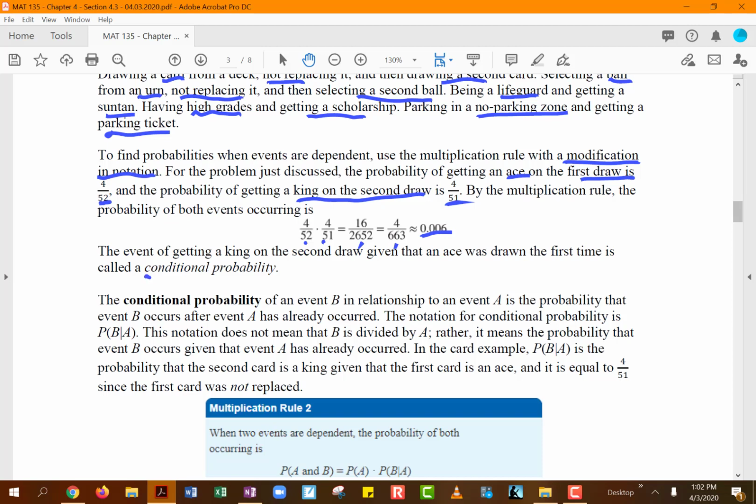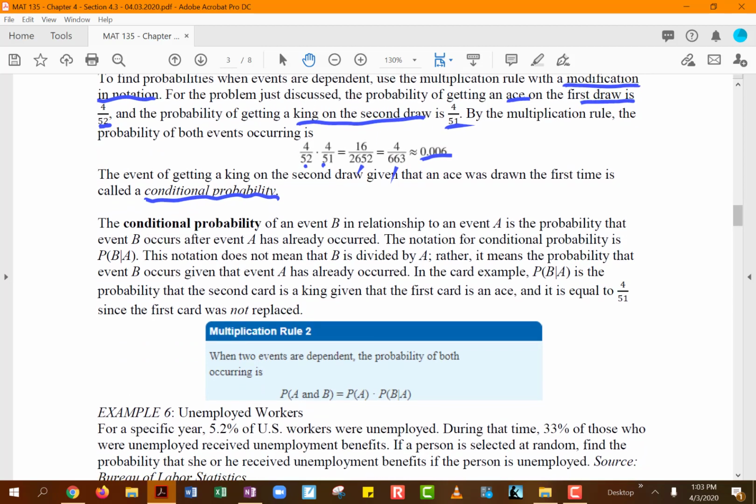The event of getting a king on the second draw when the first ace was drawn is what we call conditional probability. Conditional probability is saying we drew the king on our second draw given that on the first draw we drew an ace, right? On the first card we pulled out, we got an ace. Since one probability depends on the probability of the other event, we say it's a conditional probability.